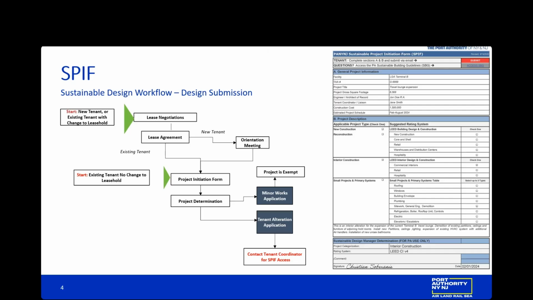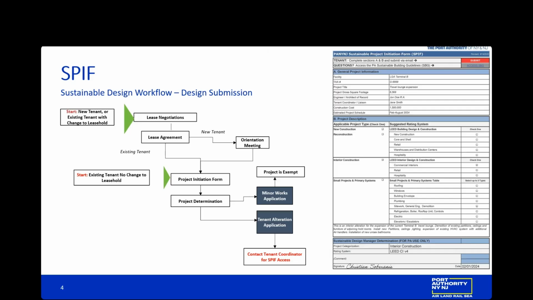If it is a minor works application, then the project will be exempt from the Sustainable Building Guidelines. If the project is a TAA, then it is subject to the determination by the SPIF on the applicability of the Sustainable Building Guidelines. So once it is determined that you will be a TAA, you immediately need to access or contact your tenant coordinator to access the SPIF form.